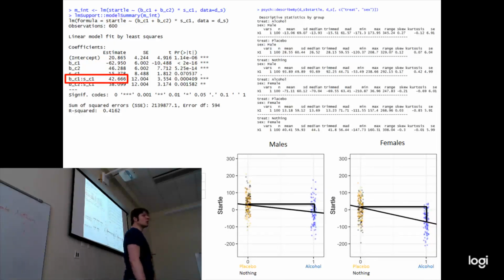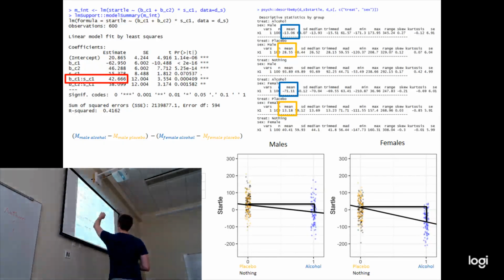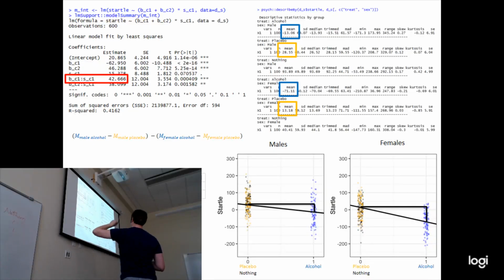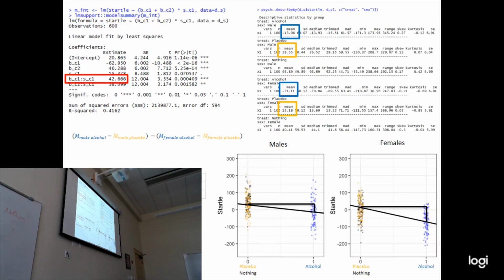So you could do male alcohol minus placebo or female alcohol minus placebo? Exactly. So these are the four means. One way of understanding this is that it's, for males, the difference between alcohol and placebo minus, for females, the difference between alcohol and placebo. So it's a difference of mean differences.